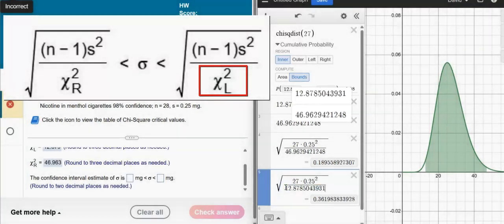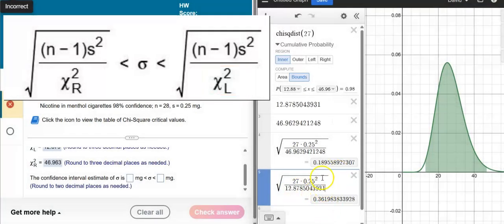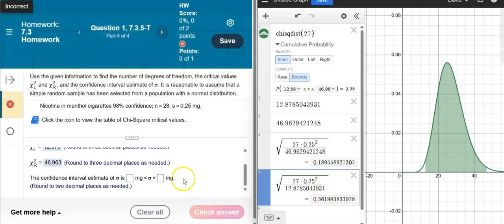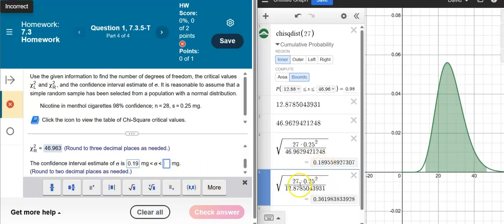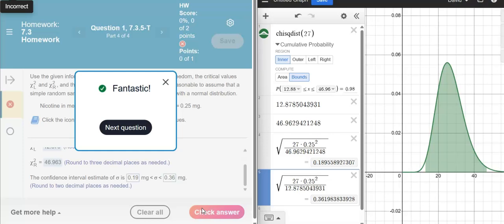Just the denominator. So there is my confidence interval here. Rounding this to two places, that's going to be 0.19, and then rounding this to two places, I'll get 0.36. And that is a confidence interval for a population standard deviation using the chi-square distribution.